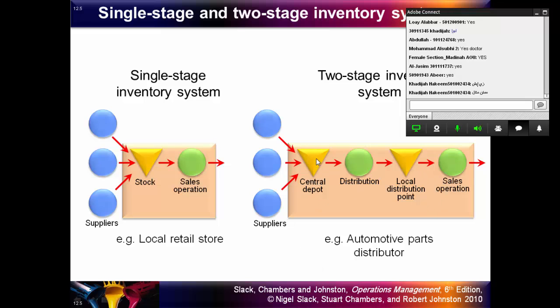Here, this is the first inventory, and this is the second inventory. After they give it to the local distribution point, the local distribution point will give it to the sales department in order to sell those spare parts. Here we have two inventory areas, this is the first one, and this is the second one.